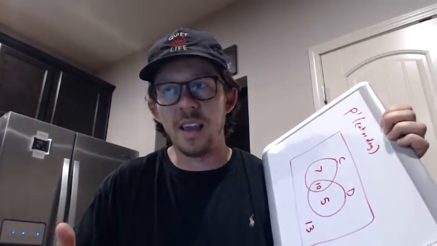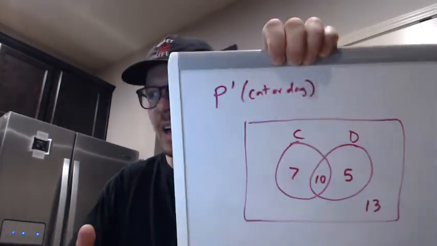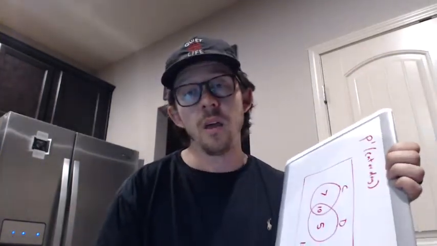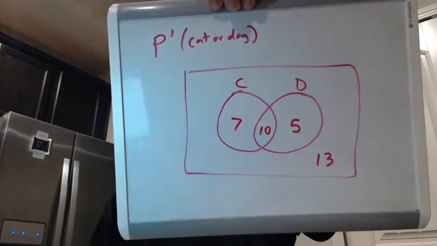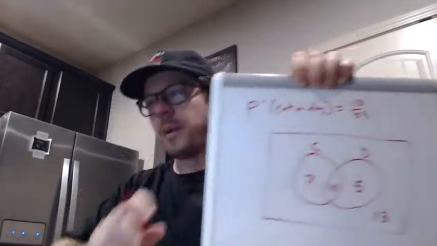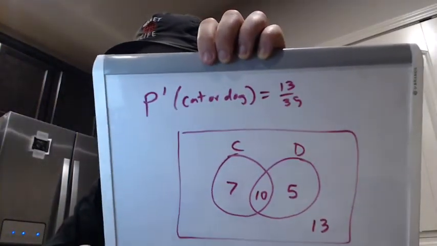It's basically the opposite, right? So if you see that, it's asking what's the probability you don't own a cat or dog. Well, the people that don't own cats or dogs are these people right here. So that would be 13 out of 35, right?